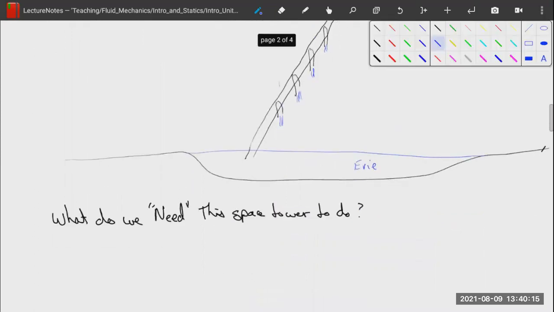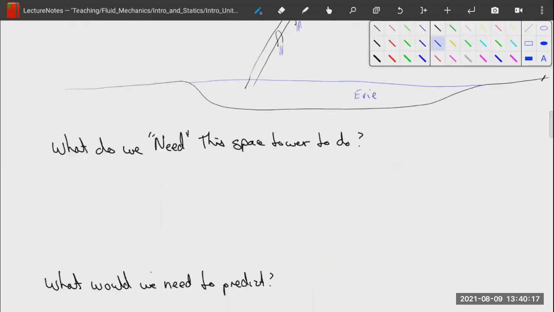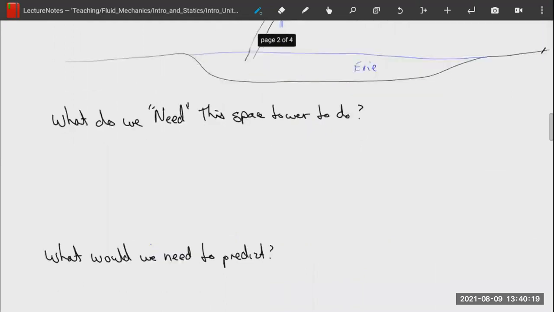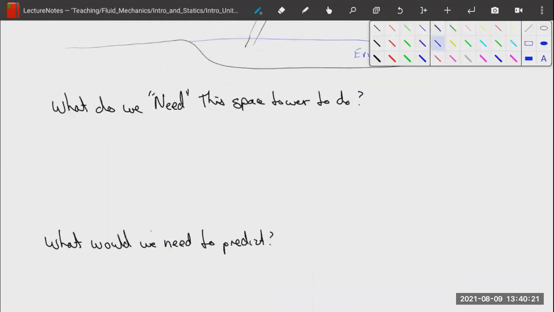So what do we need? What do we need this space tower to do? Remember, we talked about the different design steps. What do we need this space tower to do? Well, one, it needs to support the weight of one person. Two, it needs to withstand the wind.